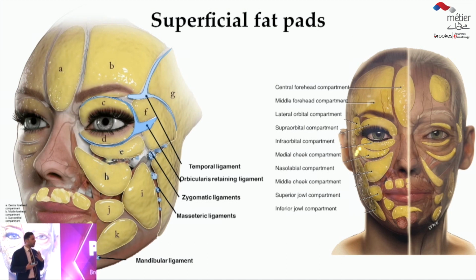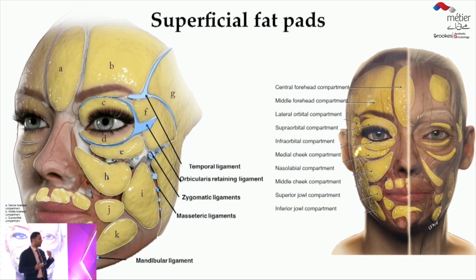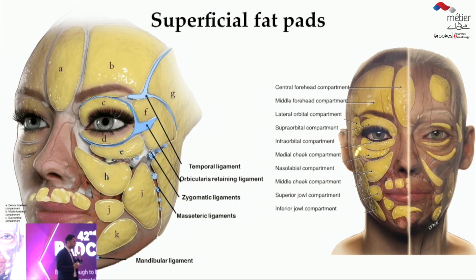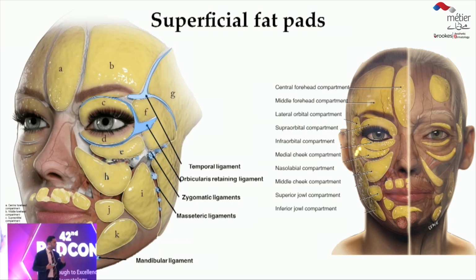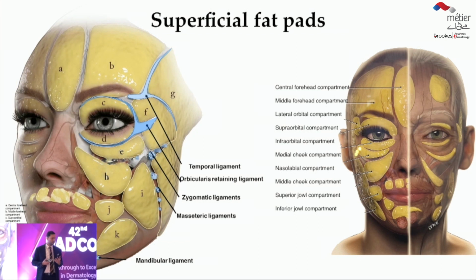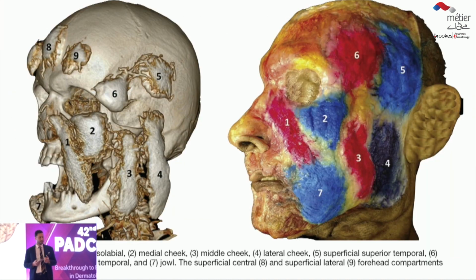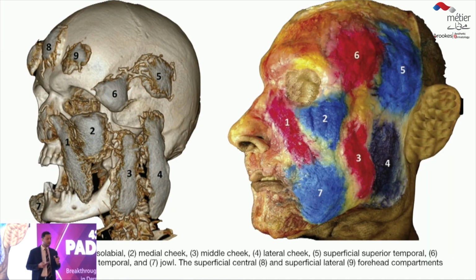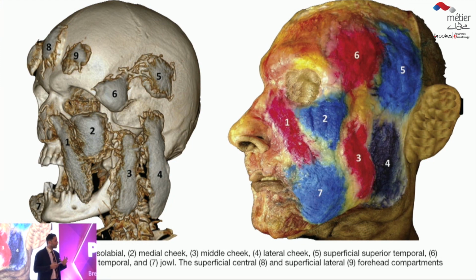So when you disturb that by creating more fibrosis with any type of treatment, or a lot of filling in one of the compartments, you get unnatural movement of the face. These compartments are so unique and separated. If you inject dye in each compartment, they don't mix.